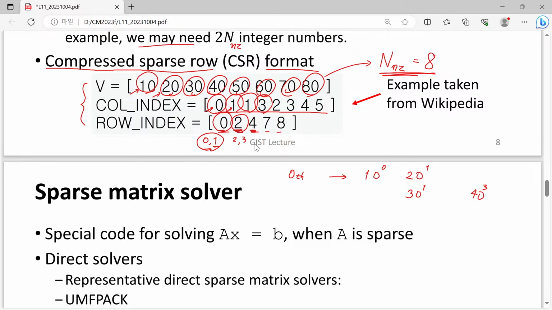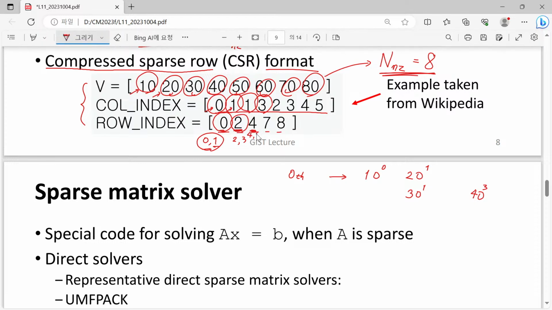Then let's go to the third row. Here we start from number 4 and go through 4, 5, 6, and the column indices are 2, 3, 4.